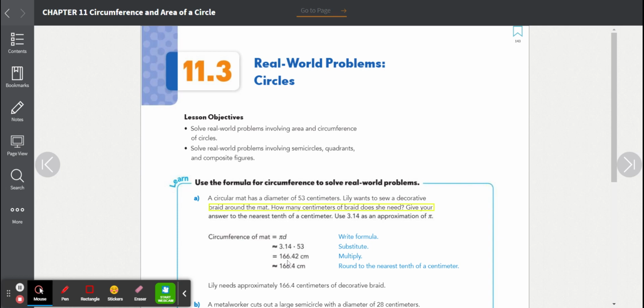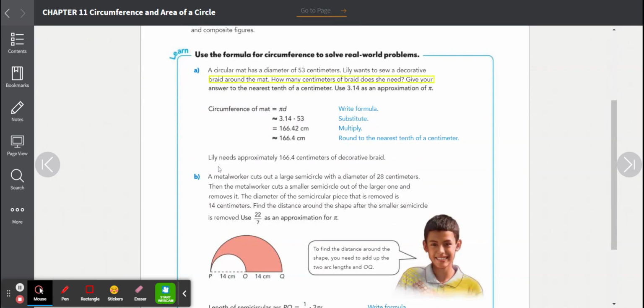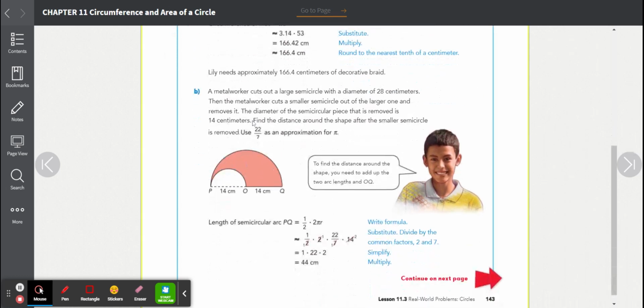So I have 166.42, which rounded to the nearest tenth is 166.4 centimeters. So that gives me approximately 166.4 centimeters of decorative braid. This is just a simple plug things into the formula.